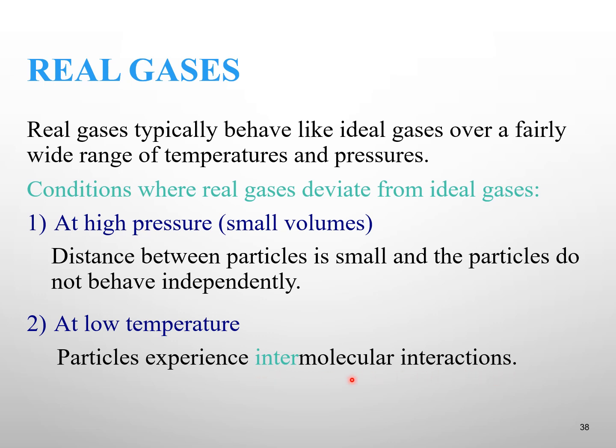One of the assumptions was the gases don't interact with each other. Well, when you lower the temperature, the gases start interacting with each other. So that's when the ideal gases are no longer ideal; they become real gases at super high pressure and at super low temperature. But at STP, everything is assumed to be ideal.